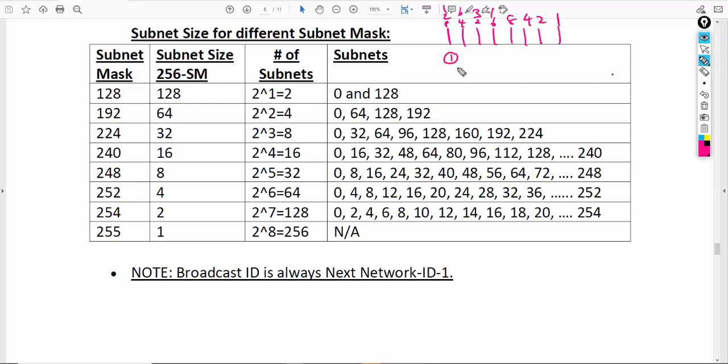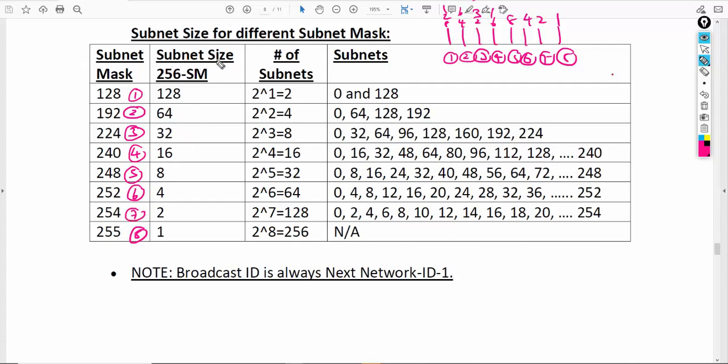If it is 1 bit, it is 128. When you add 2 numbers, 128 and 64, it is 192. When you add 3 numbers, it becomes 224. When you add 4 numbers, it becomes 240. If you want to become a master in subnetting, you have to know this by heart. We'll talk about why very soon.